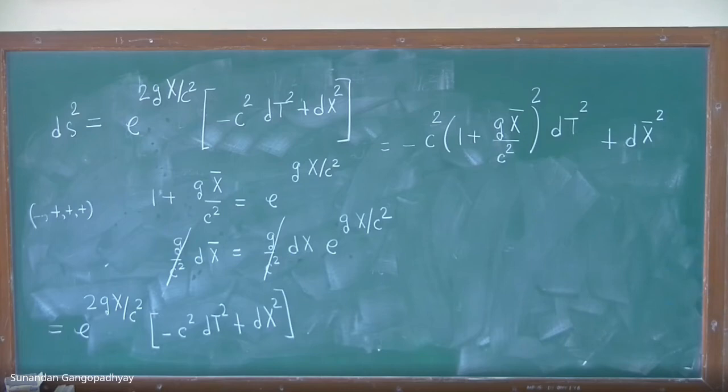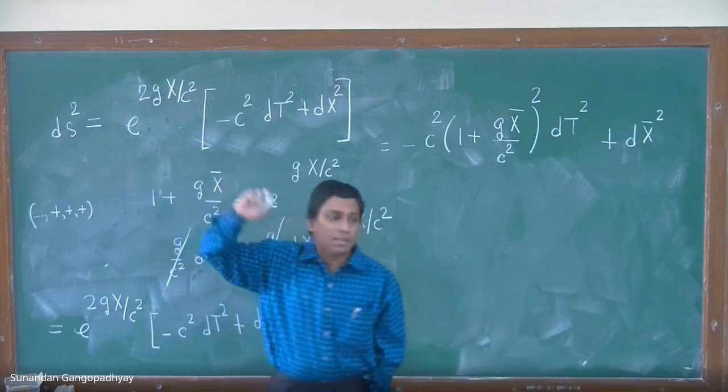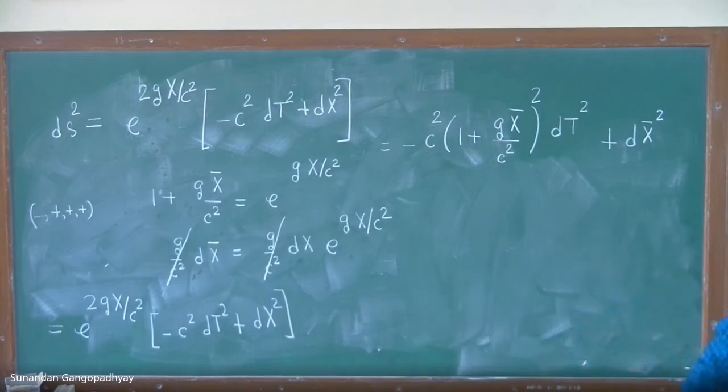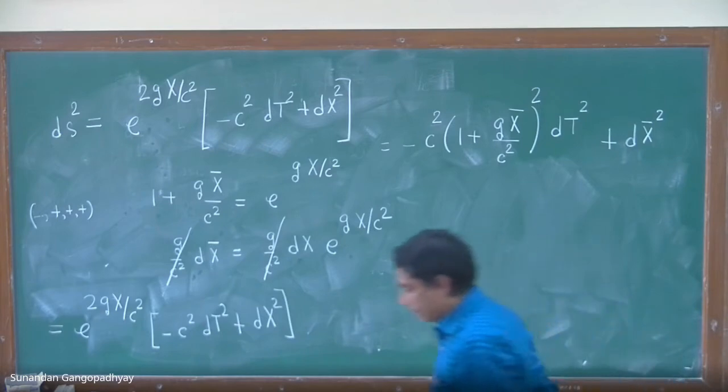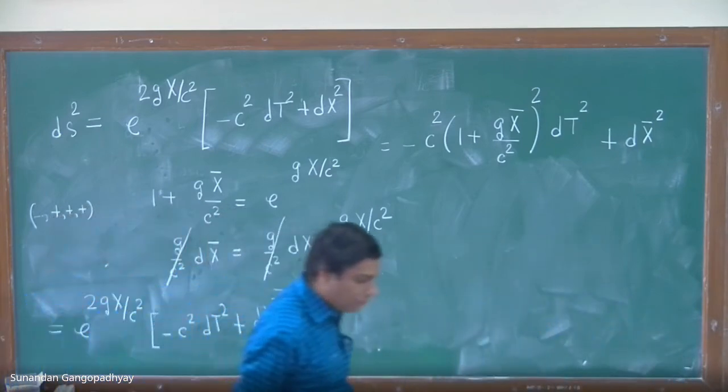But this result is exact. We have not made any approximation. What you are saying, what George is saying, is that you can make an expansion and keep those terms. But we have not made any expansion. We have kept everything exactly. But why is this result so important? That you should be able to say.